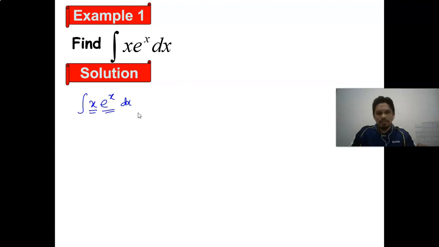So which comes first here, the polynomial x or the exponential function? We look at the polynomial, where u equals x and dv equals e to the x dx.